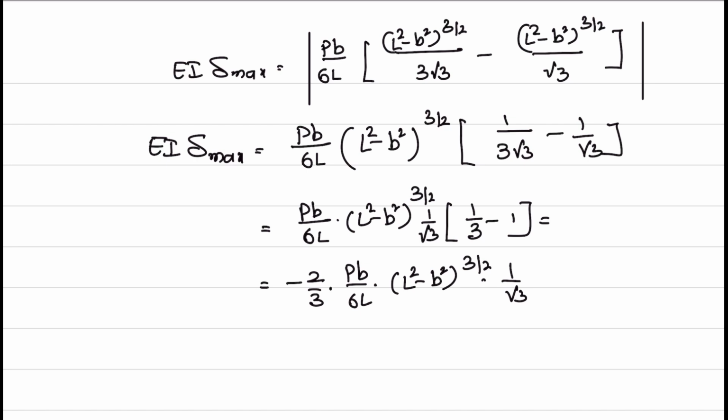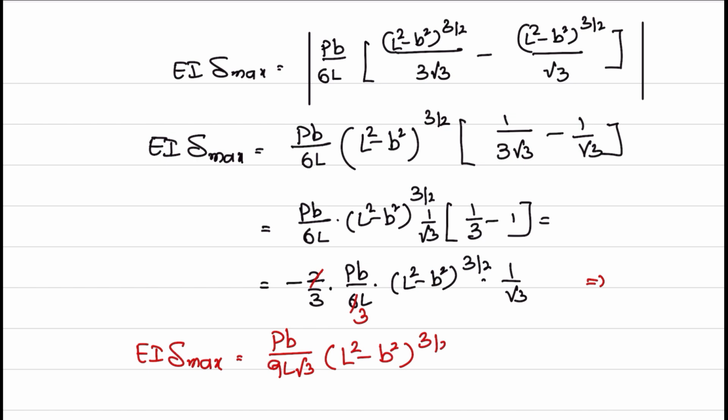When 2 by 3, when 2 gets divided by 6, it will be 3. 3 into 3 is 9. That implies EI delta max is equal to PB by 9L root 3, PB by 9L into root 3 into (L square minus B square) to the power of 3 by 2.